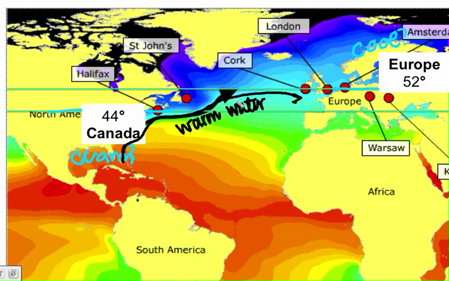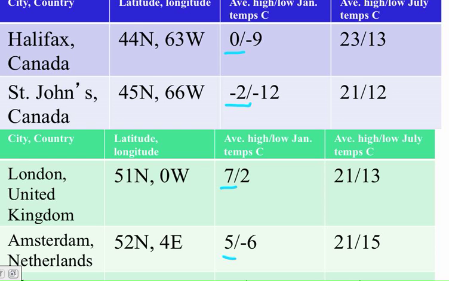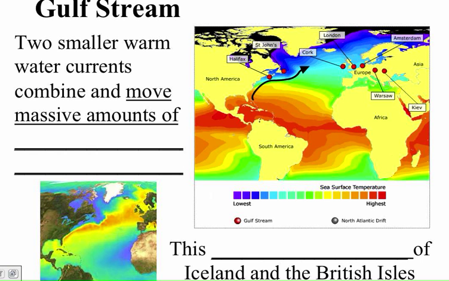That water retains its heat all the way here, causing Europe to be slightly warmer than those lower latitudes. Canada ends up being a little bit cooler, not being affected by that warm Gulf Stream. So despite the fact that Canada has a lower latitude, it is in fact not warmer because the United Kingdom and Netherlands here are impacted by that Gulf current that's nice and warm.